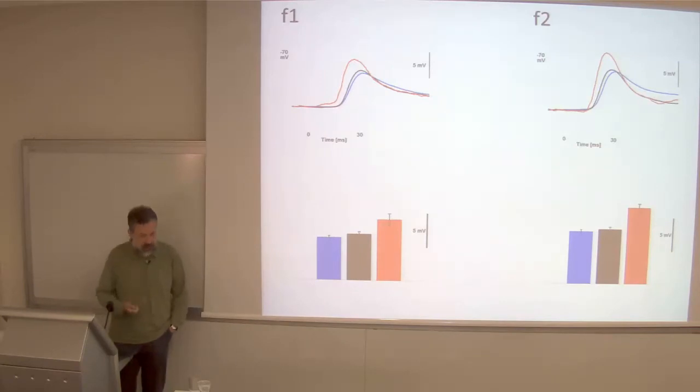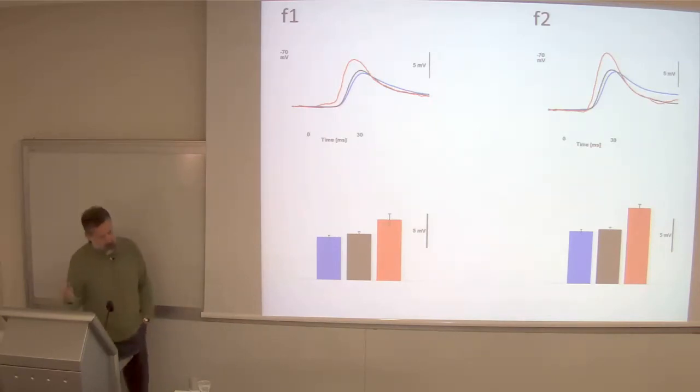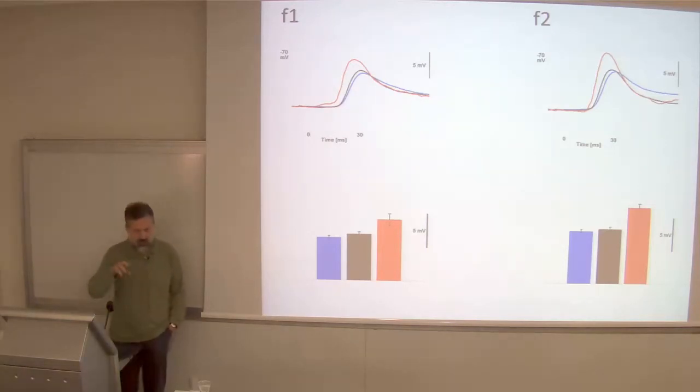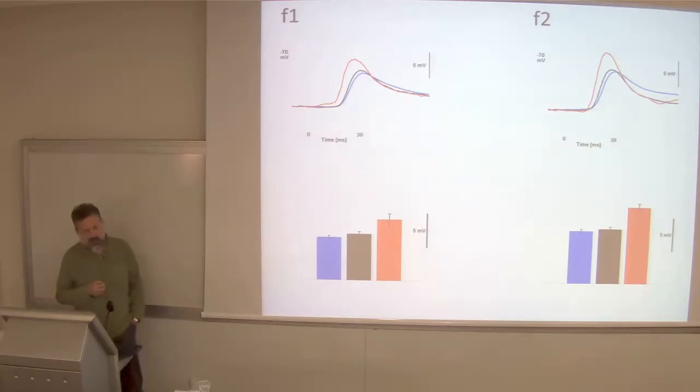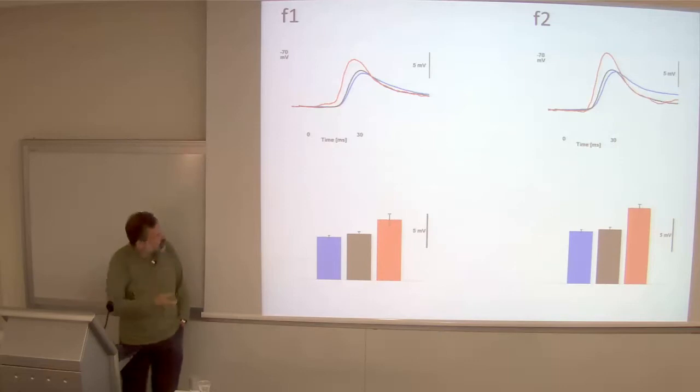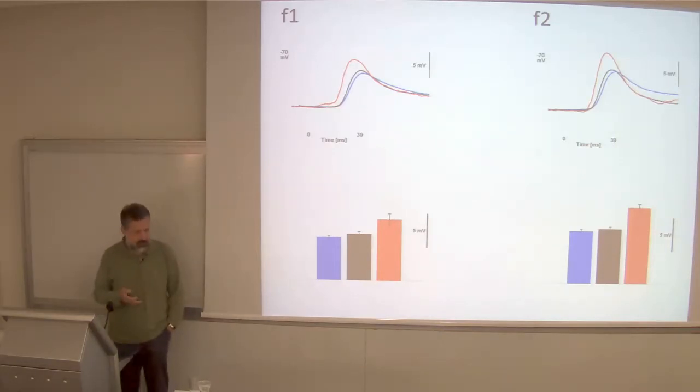We can get the frequency difference between the tones down to 4%, which would be less than a half tone. A half tone, C sharp on the piano, is 6%. The just noticeable difference for rats is about 6% or slightly less.